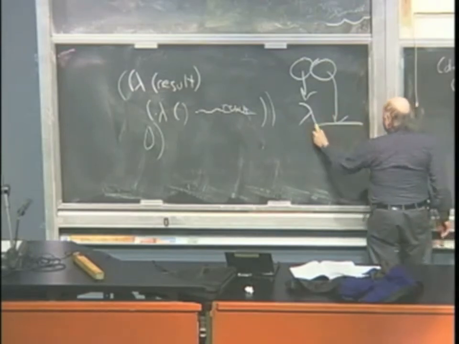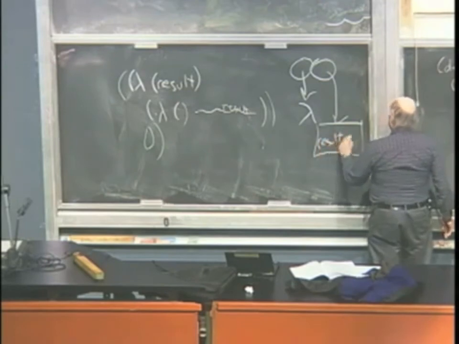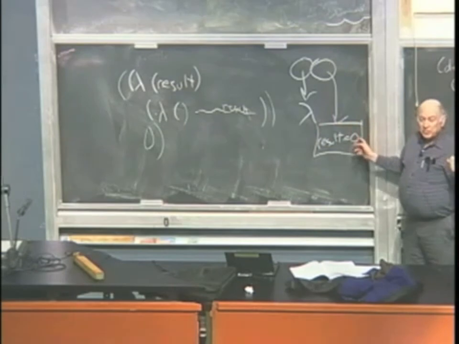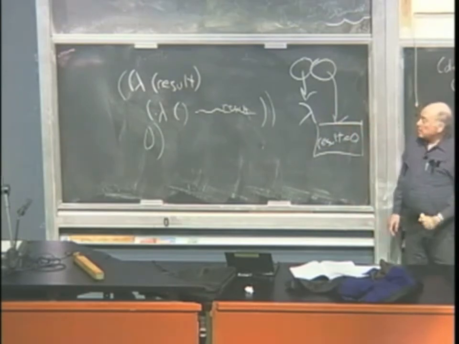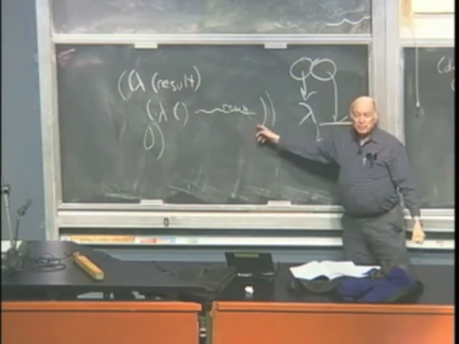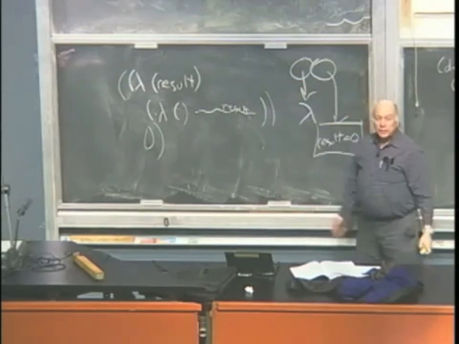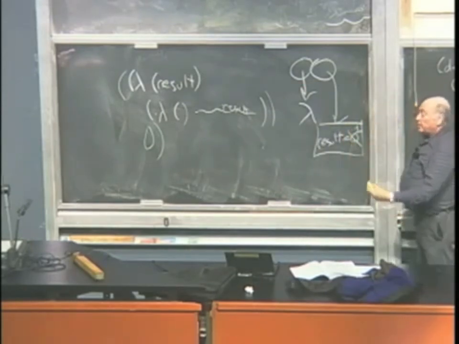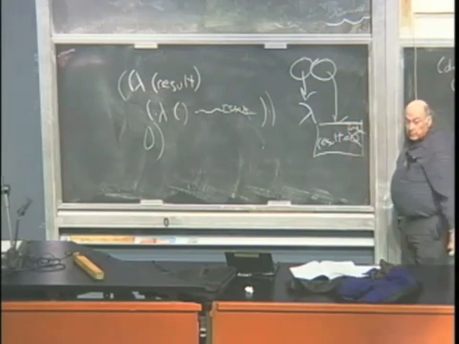So there's something here that says result equals 0. Okay, so both of these things are part of the procedure. And so when that procedure says set bang result plus 1, we know which result we mean, and we can turn that to a 1, and then next time turn it to a 2, and so on.